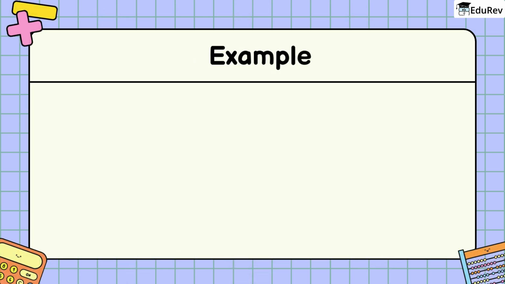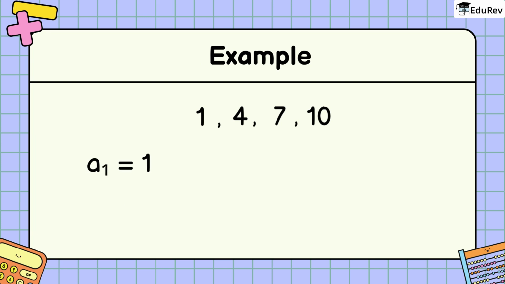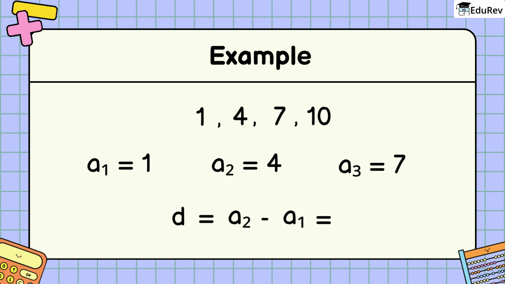Let's take an example of an AP, 1, 4, 7, 10. We can find the first term A1, the second term A2, and the third term A3, and we can also determine the common difference d. In this case, A1 is 1, A2 is 4, and A3 is 7. To find d, we can calculate d is equal to A2 minus A1, which gives us 4 minus 1 is equal to 3.